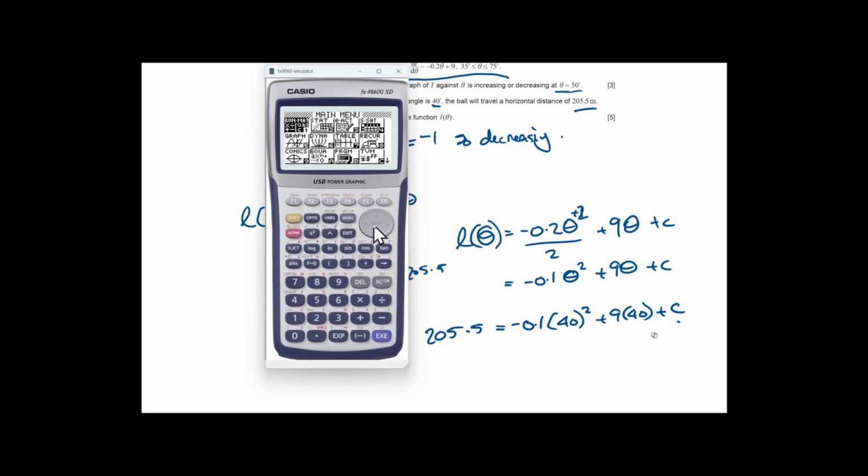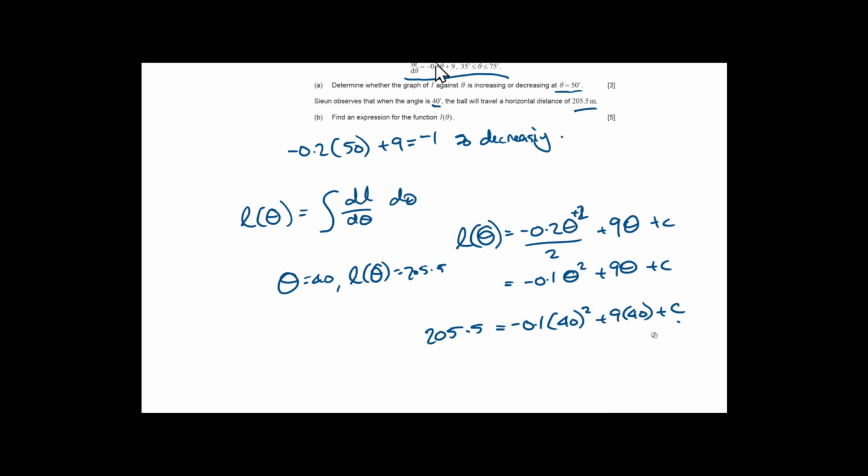Go to menu, solve. So 205.5 equals negative 0.1 times 40 squared plus 9 times 40 plus x, and x is 5.5, but x is c.